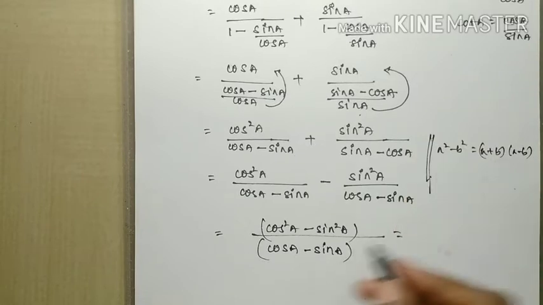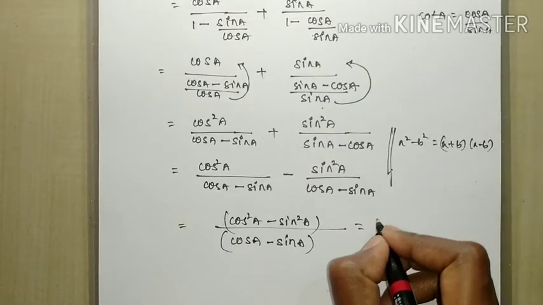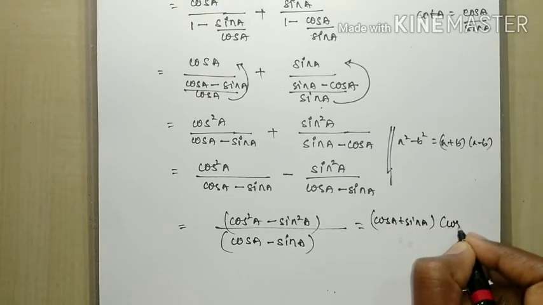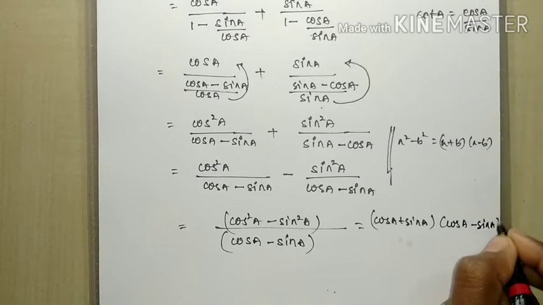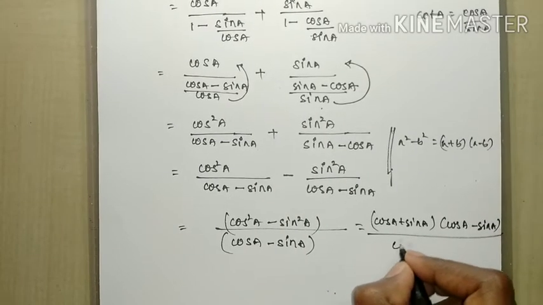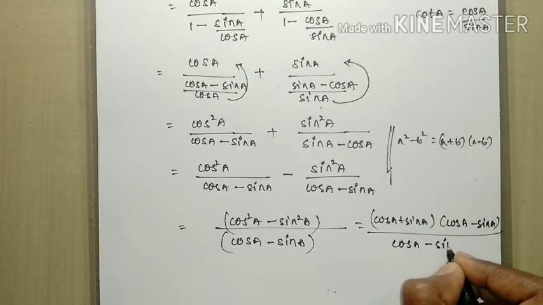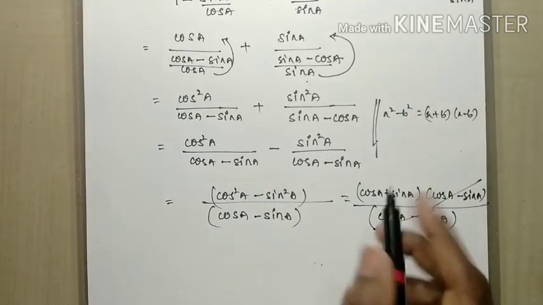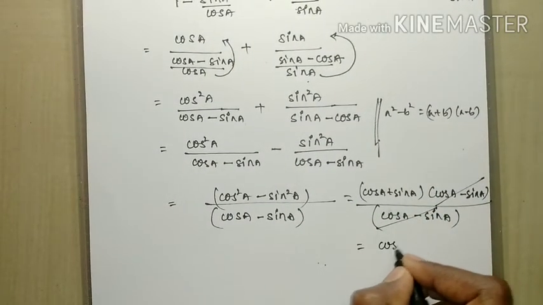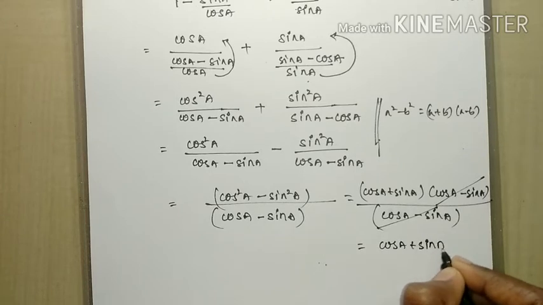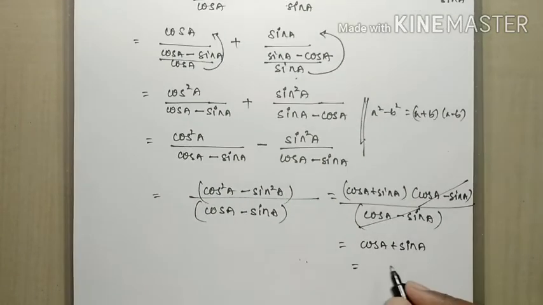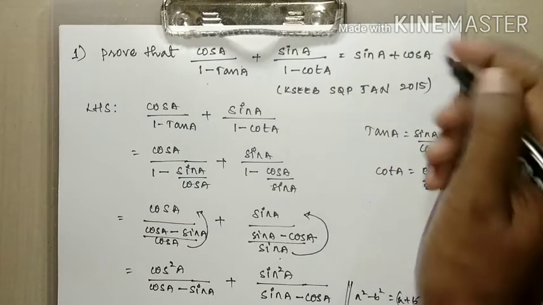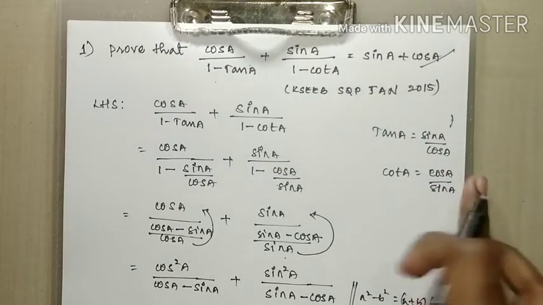This formula I can apply here, that is cos A plus sin A into cos A minus sin A, divided by the denominator cos A minus sin A. So now cos A minus sin A will get cancelled. So the remaining is cos A plus sin A. So this is the RHS, that is sin A plus cos A or cos A plus sin A.